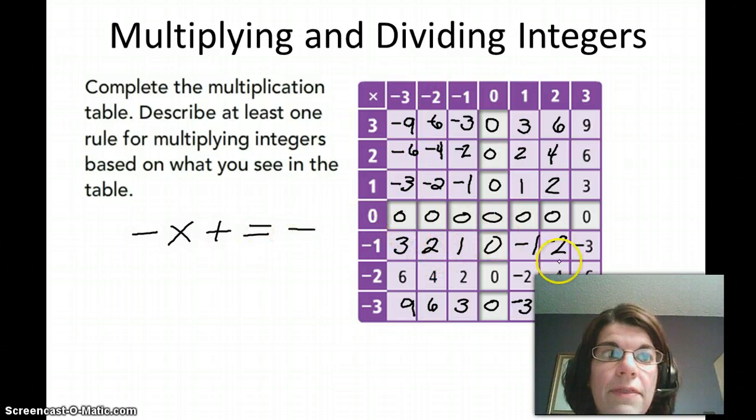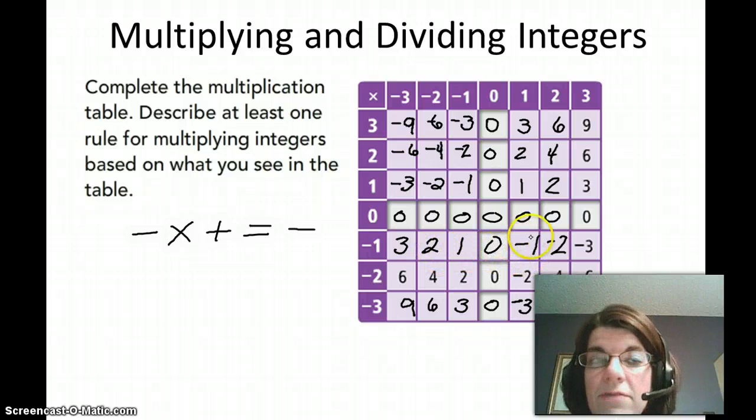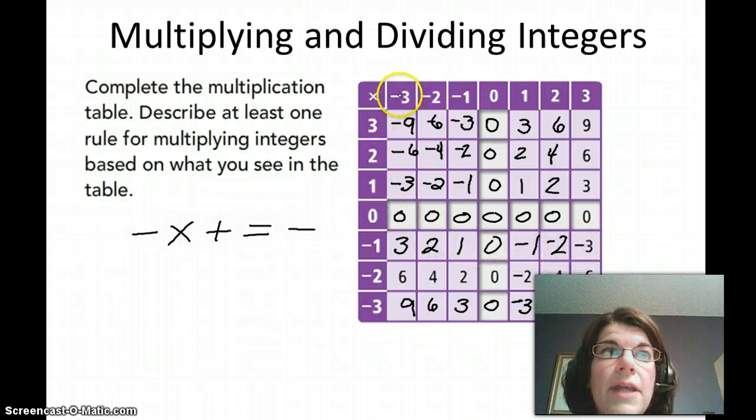If you look over in this quadrant over here, the same thing is happening. +3 times a -1 gives you a -3, following the number line pattern again. 3, 2, 1, 0. Then it would have to be -1, -2, -3. So a negative times a positive is a negative, and a positive times a negative also gives you a negative.